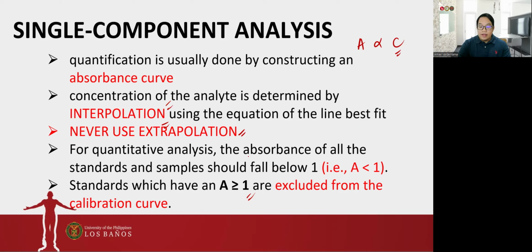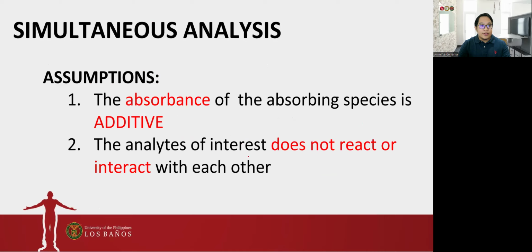Okay? Next naman is for the simultaneous analysis. So ang assumption dito is the absorbance of the absorbing species is additive. Ibig sabihin, if you have sample A and sample B, tapos na-read natin siya ng magkasama, yung absorbance ni A and yung absorbance ni B ay additive. Total absorbance. Okay?